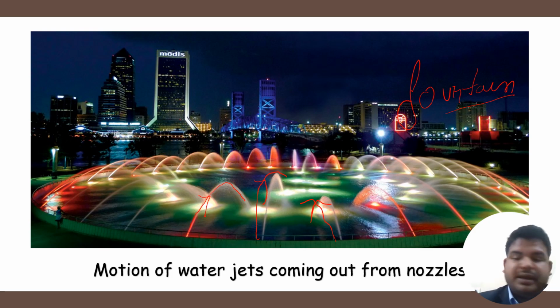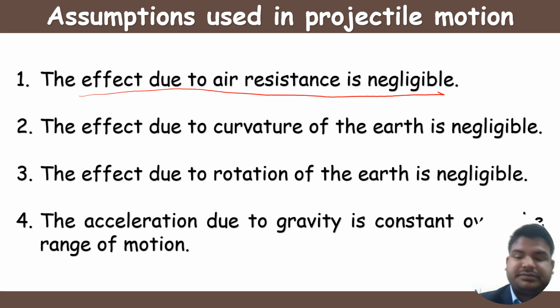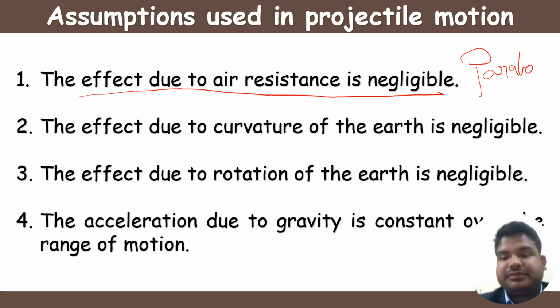See some more examples. The condition of a projectile should be negligible air resistance, otherwise the path will not be a parabolic one.